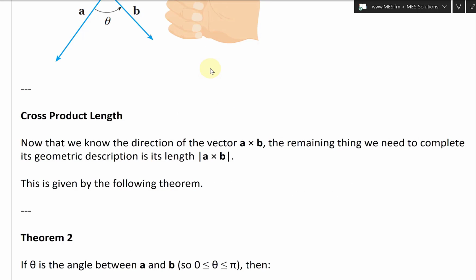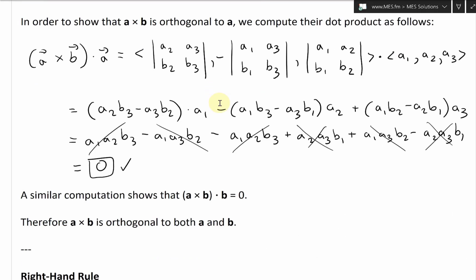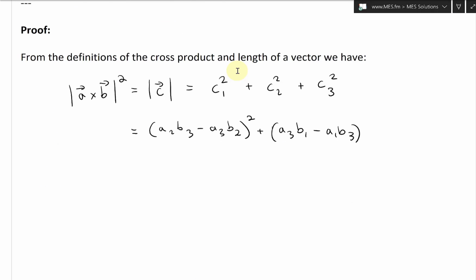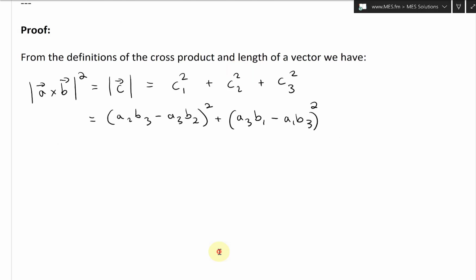Again, just multiply that negative inside. So we'll have this positive A3 B1 minus A1 B3 once you get rid of this negative. It doesn't change much because you're squaring it. So we have squared like that.